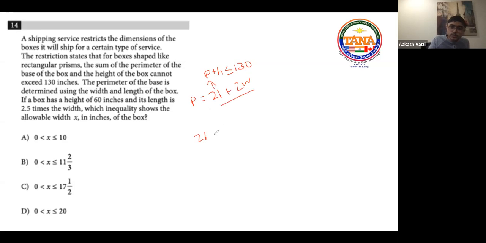So 2L plus 2W plus H is less than or equal to 130. Now you know that H is 60 because it says so, and you know that the length is 2.5W. So you replace L with 2.5W plus 2W plus 60 is less than or equal to 130.